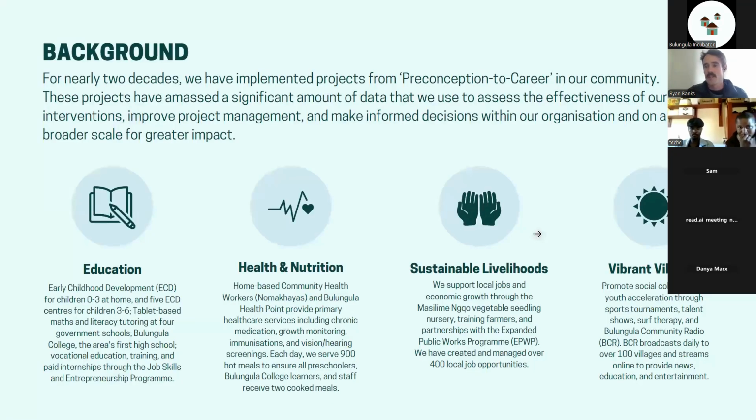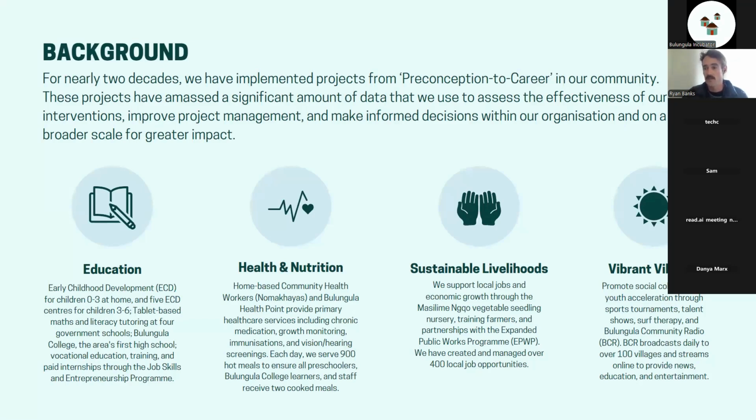So for the past 2 decades, the BI has been implementing preconception-to-career projects within the Bulungulu community. These projects have covered education, healthcare, sustainable livelihoods, youth development, and social cohesion. And through these projects, we've had access to a significant amount of very rich data.